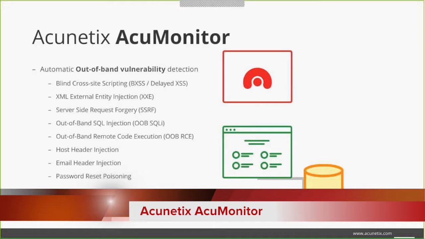In reality, it's more like an out-of-band SQL injection, but it's called a bomb, and they time that bomb to go off in 2 weeks. So AcuMonitor is there for when a bomb like that goes off, and once it does, an email will be automatically sent to the admin or the person who's in charge of security at the company, and they will be immediately notified.